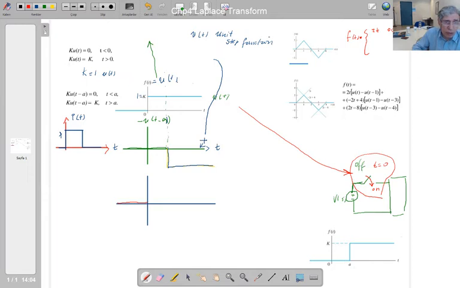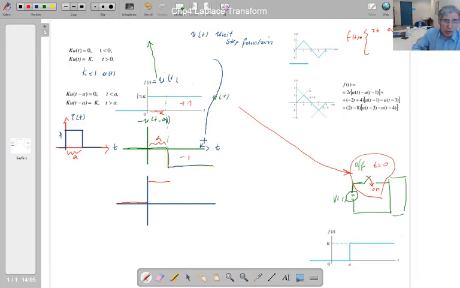After that, this function is 1 in between 0 and a. This is a, and this is a, and this is a. This is 1, this is 0. When you add them up, you're going to get 1 here. In this area, after t bigger than a, this is 1 and this is minus 1, isn't it?